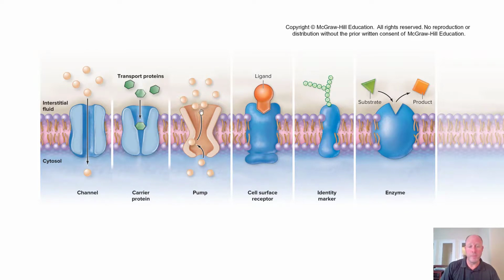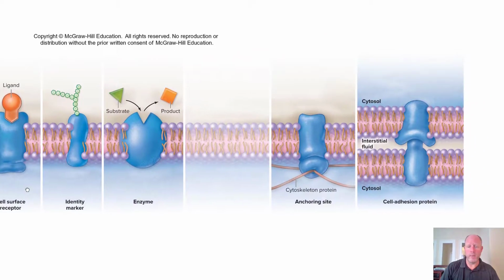Then the pump, like the sodium-potassium pump, a very significant one we'll talk about a little. Cell surface receptors, where ligands are attached here. Identity markers with glycoproteins and glycolipids. And of course, the enzyme with the substrate and the product formed at that particular location. And then we have the anchoring site, where it's attached to the cytoskeleton protein, and of course the cell adhesion proteins as well.